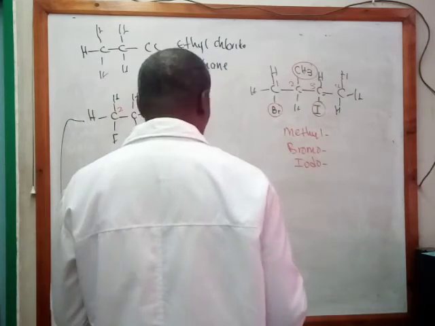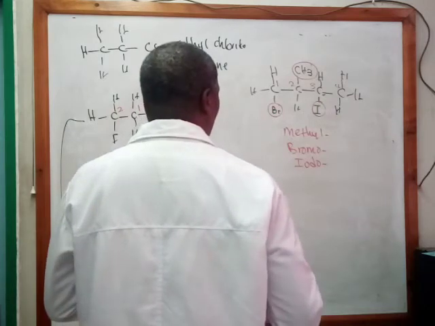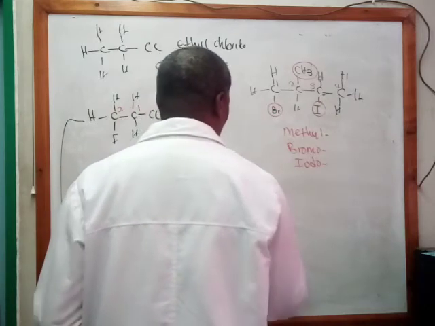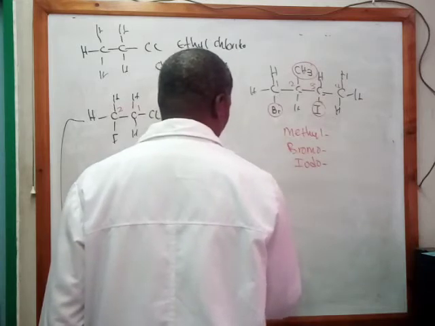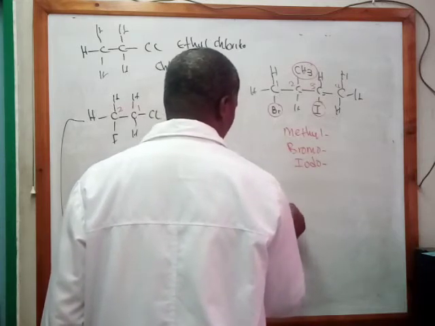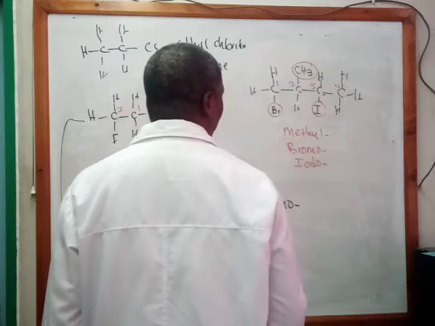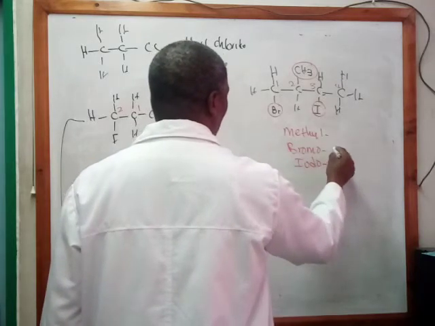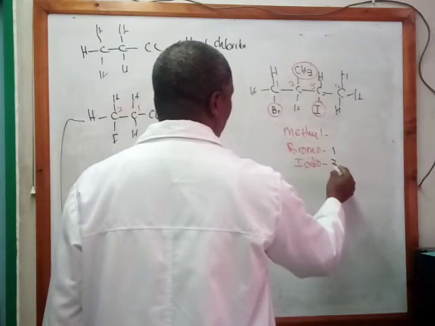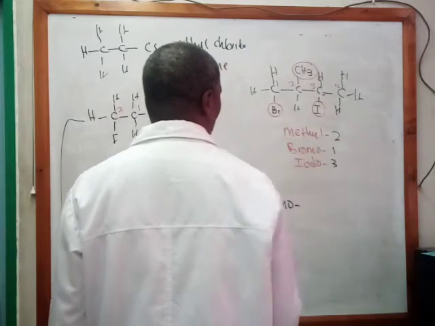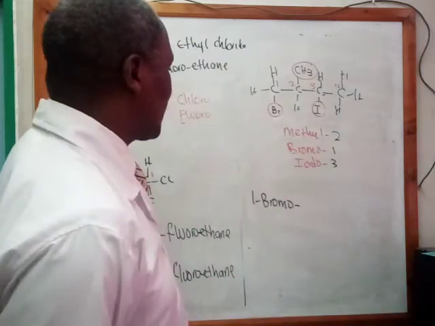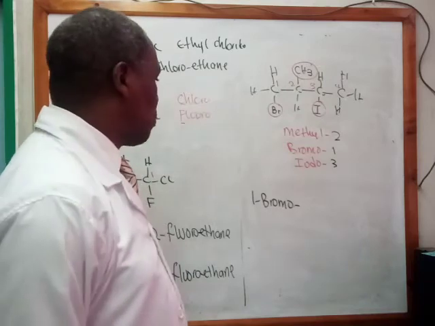So that will tell you the naming for this structure. It will be 1-bromo. So the bromo is on carbon number 1, iodo is on carbon number 3, methyl is on carbon number 2. So which is the next functional group am I going to put?